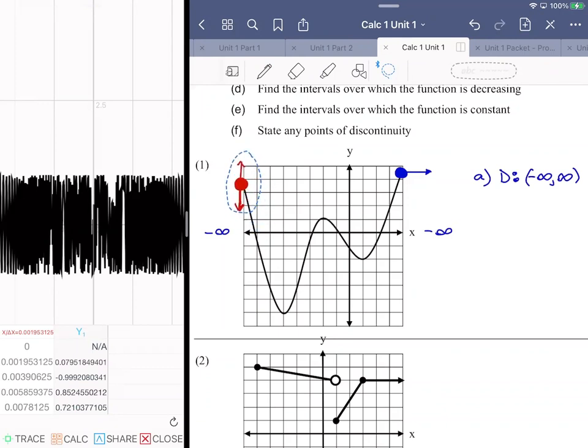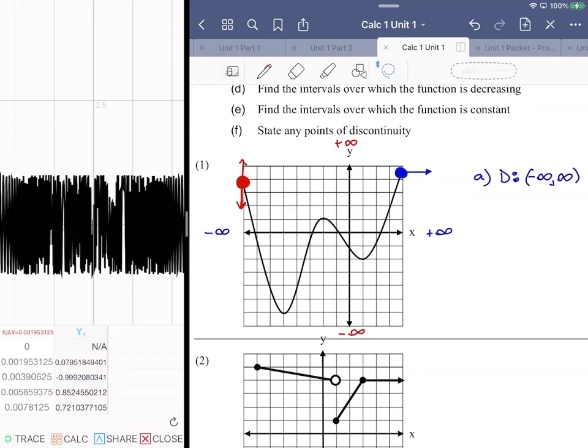If I start off at negative infinity for x, I'd also be starting off at positive infinity for y, because this graph extends onward in the upward direction, onward and upward. So positive infinity is over here. Lord only knows why I wrote a negative infinity over here. I apologize, that should have been positive. Positive infinity is to the right for x and up for y. Negative infinity is to the left for x and down for y.